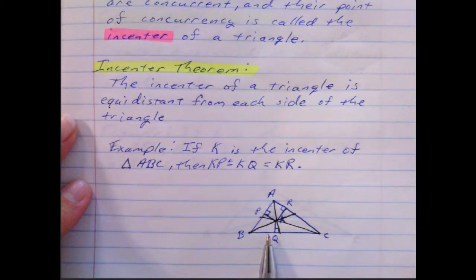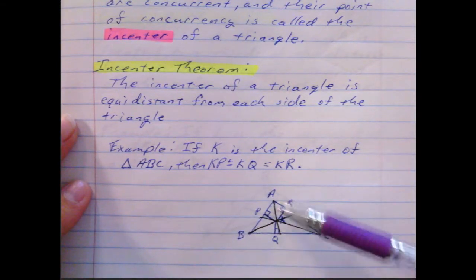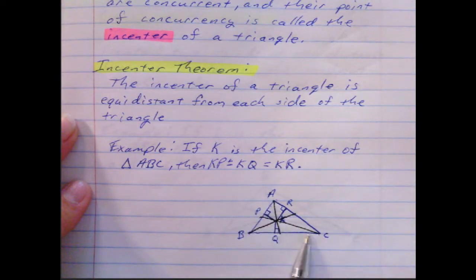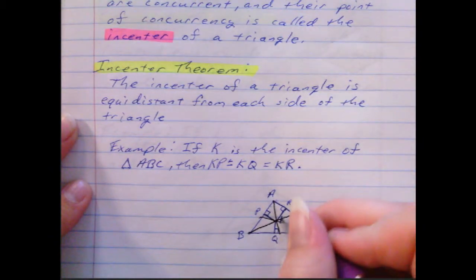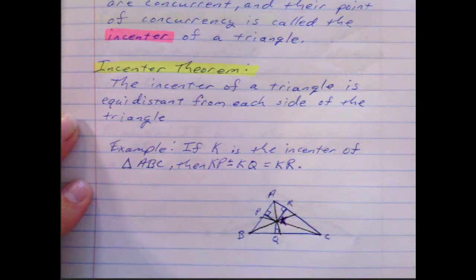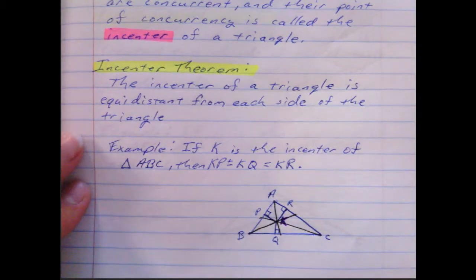So we're looking at angle bisectors. I have an angle bisector here, an angle bisector here, and an angle bisector here. And where they meet, right here in the center, we'll call this K. I know that's kind of hard to see, but that is your incenter, where those angle bisectors meet.